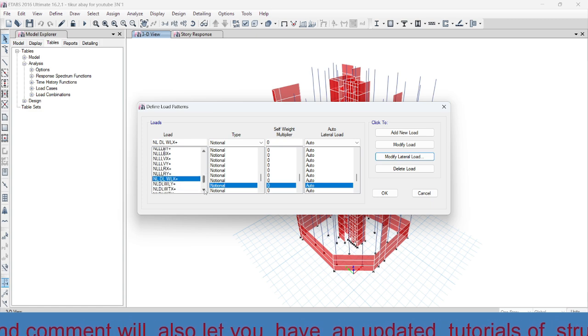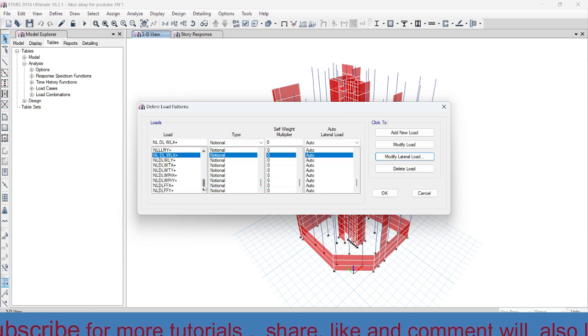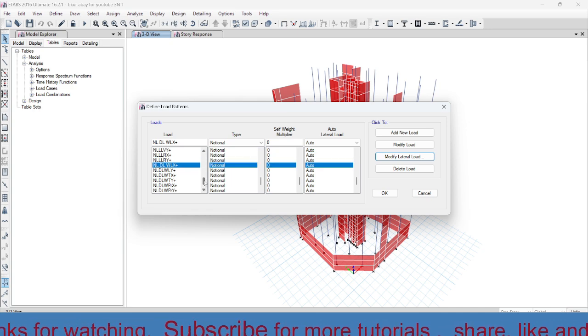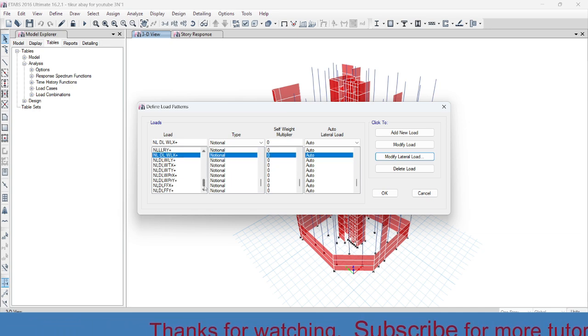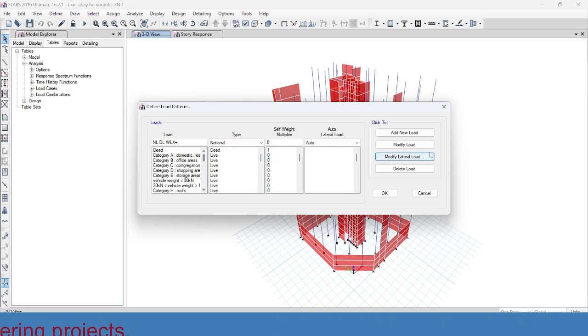So just like in this way, we can define the notional load both in x and in y direction for every load case.